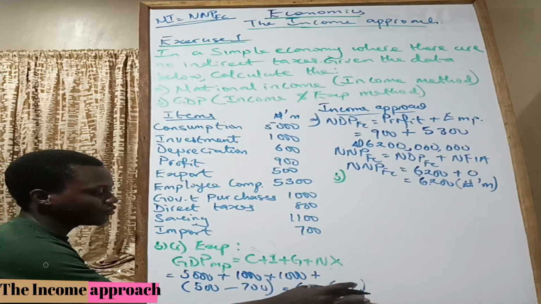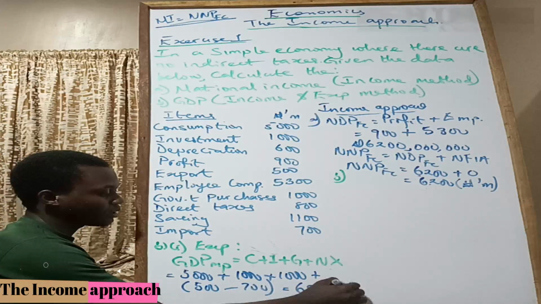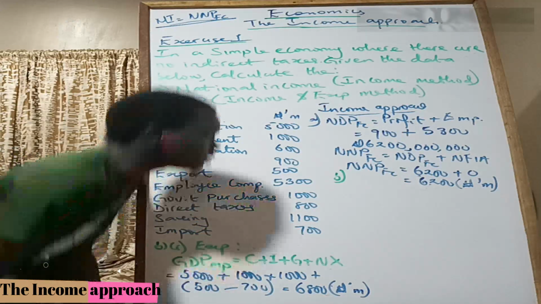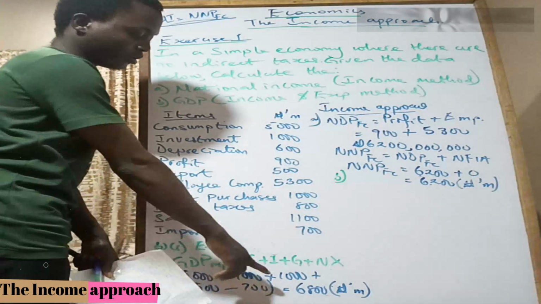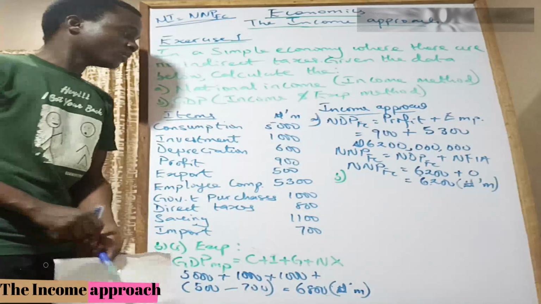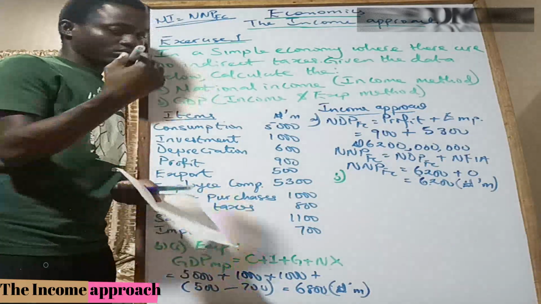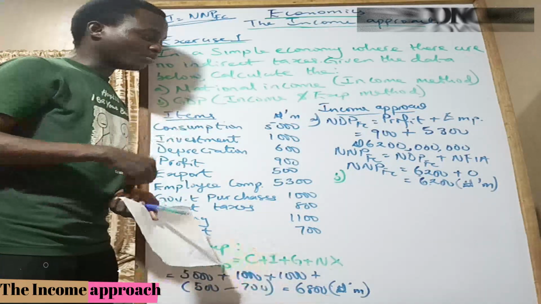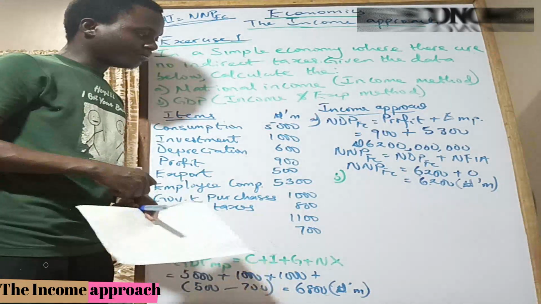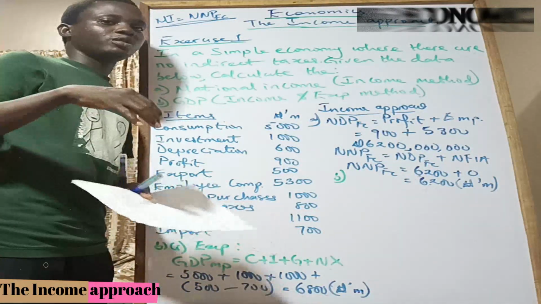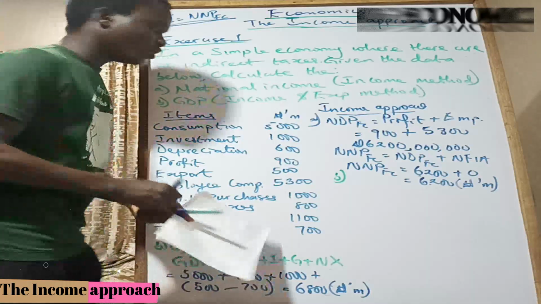So what we have to do is calculate our GDP at market price as well using the income approach and see if we're going to arrive at 6,800. Now this is NNP, right? So how do we get GDP now that we have NNP? You have to subtract depreciation from gross to get net.